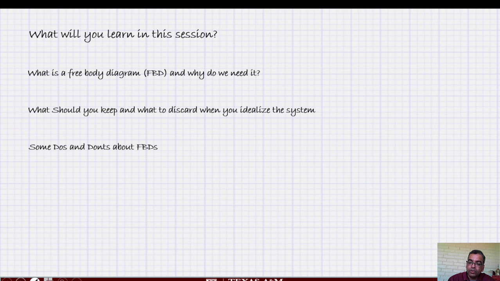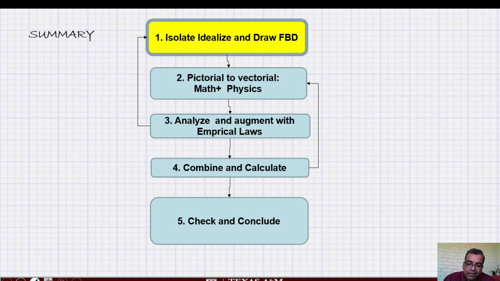But before we do, we begin by looking at the 5 steps that are needed for structural analysis. The first item is isolate and idealize. The second one is from pictorial view to a vectorial version. This requires math and physics. This requires a lot of judgment.